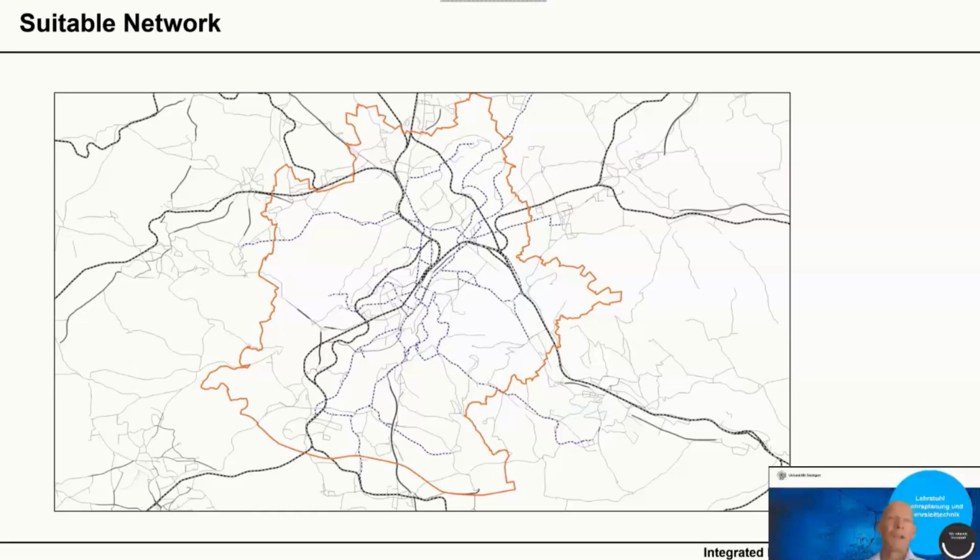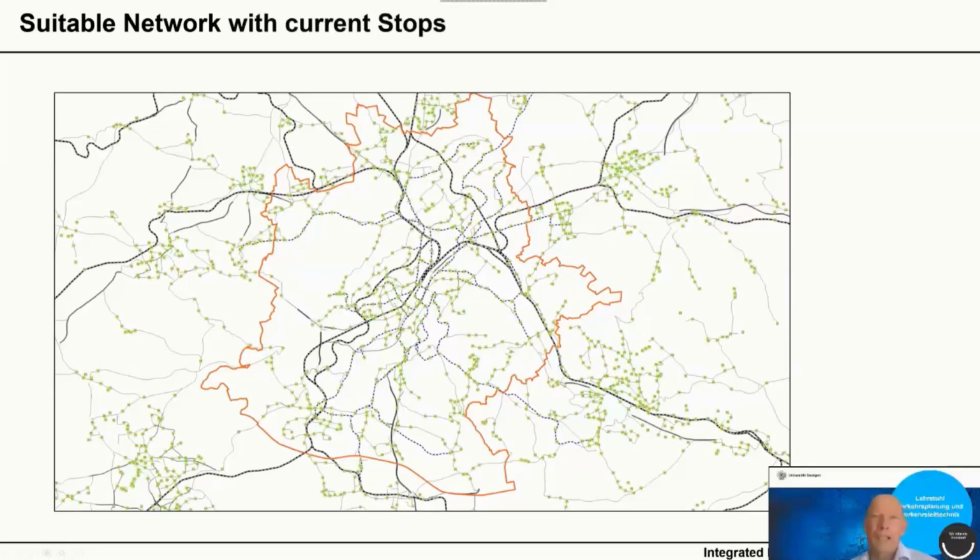So only look at the part of the system which you can actually use. With the stop locations, often you already have stop locations. Of course, as part of the planning process, you can modify them, but this is also something you often already find as input. But it might be an objective to optimize the location of stops.